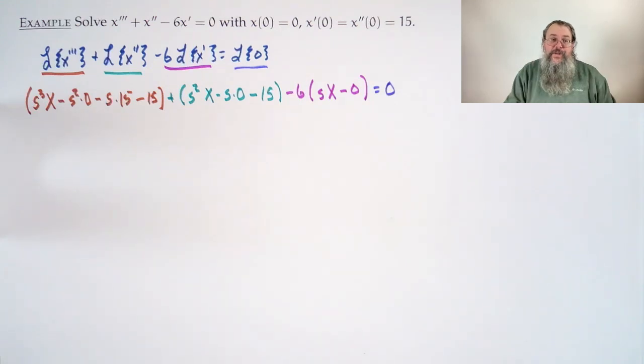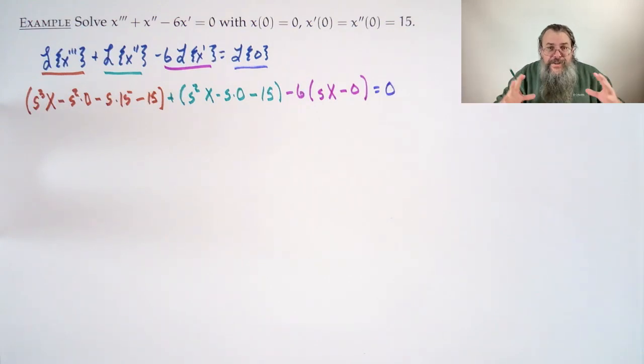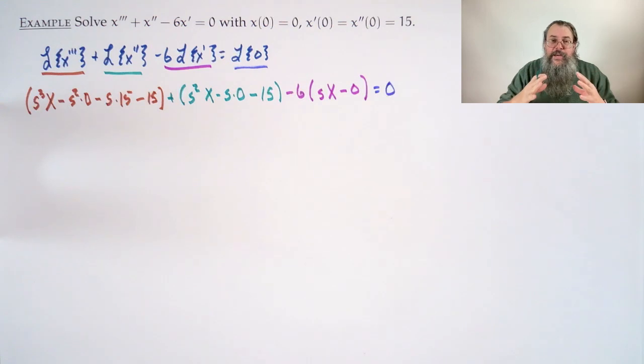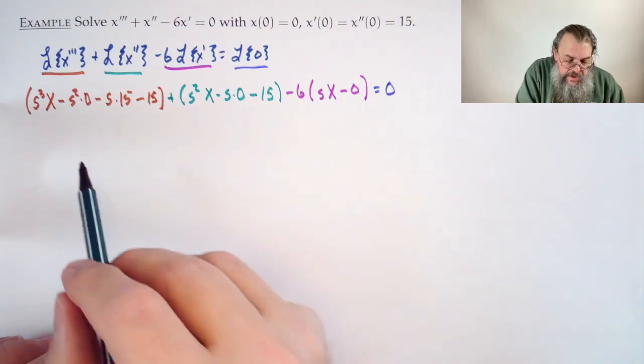Okay, so our first step is done. We took the Laplace transform of both sides. Now for our next step, we're going to channel our hunter-gatherer. Namely, we're going to hunt for things with X and gather them together, and hunt for things without X and gather them together. Now, what has an X?